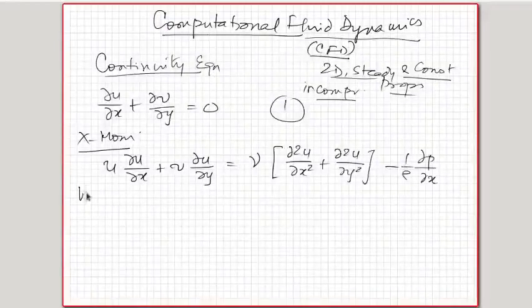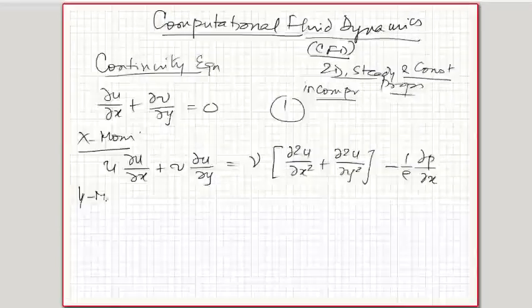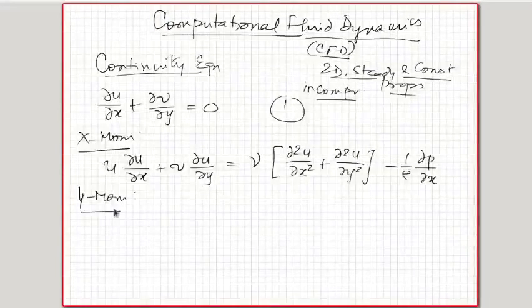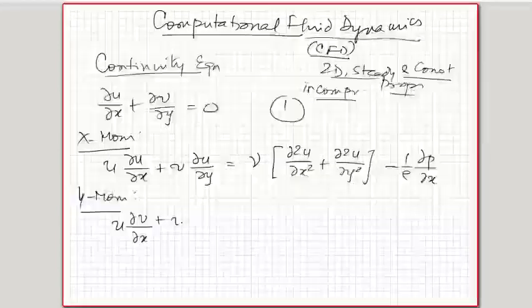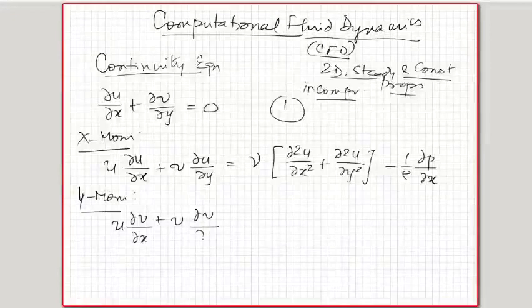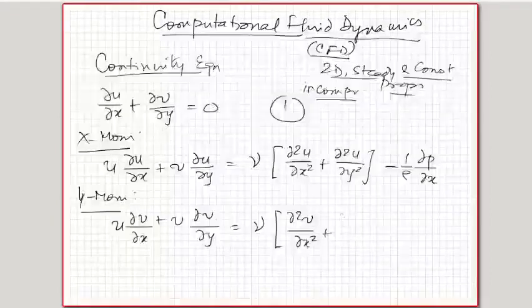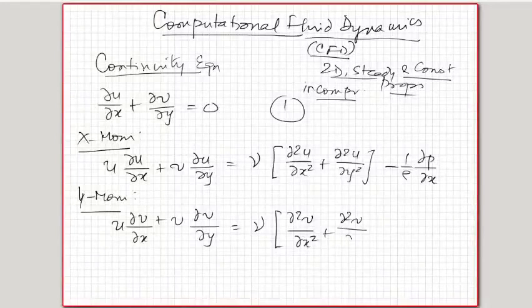Similarly, the v momentum or y momentum equation will look like: u del v by del x plus v del v by del y is equal to nu times del squared v by del x squared plus del squared v by del y squared, minus 1 by rho del p by del y.